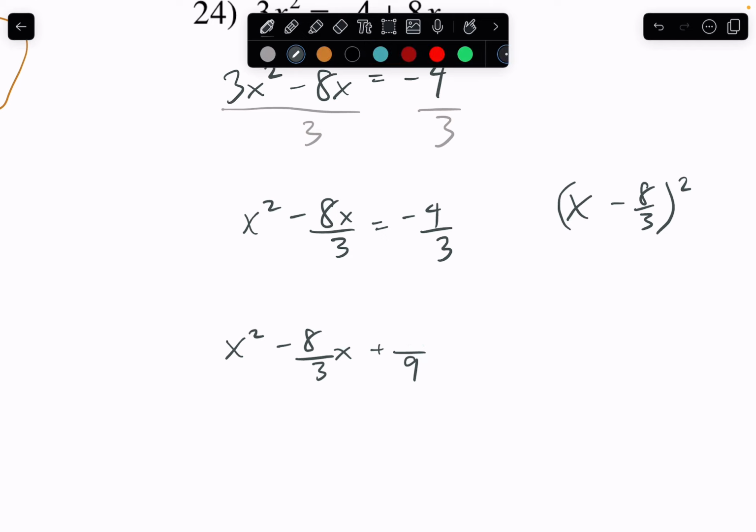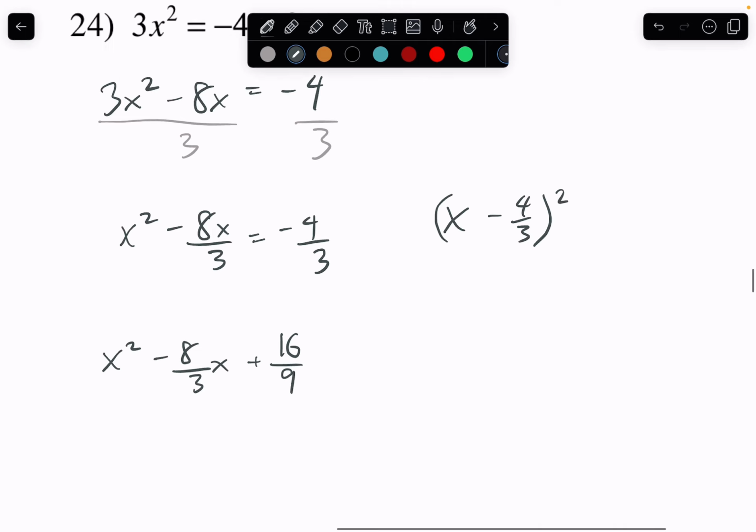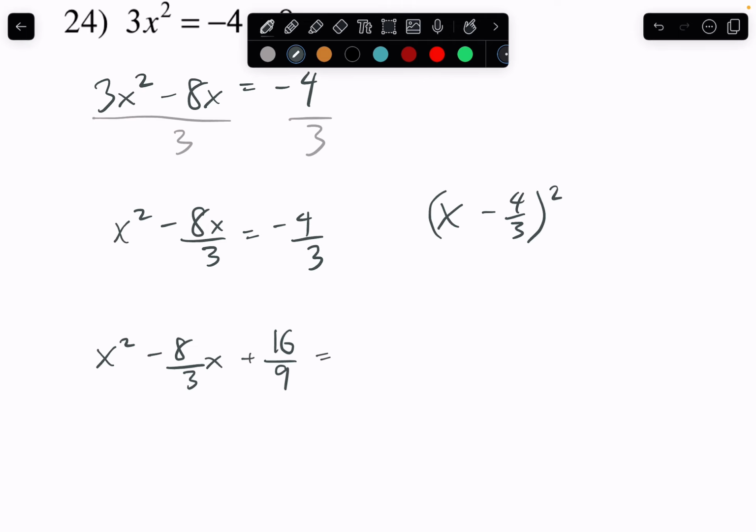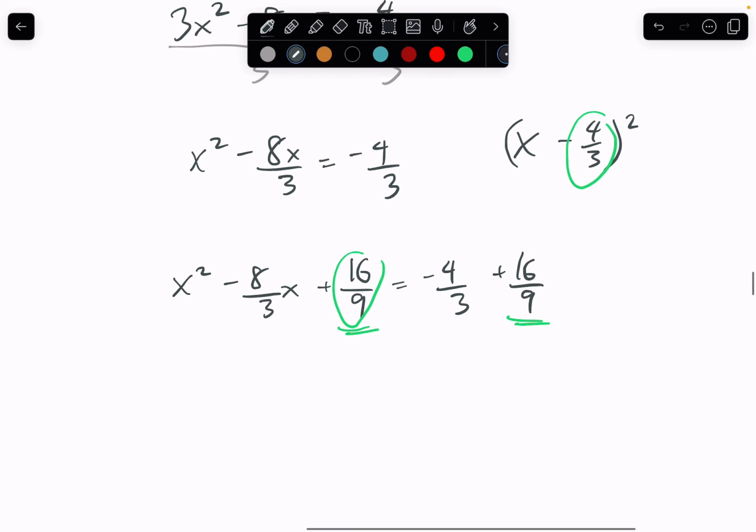Maybe make the numerator a little smaller, less than 64. Let's try 16. 4. Perfect match, I think. Perfect match. I'm so happy.